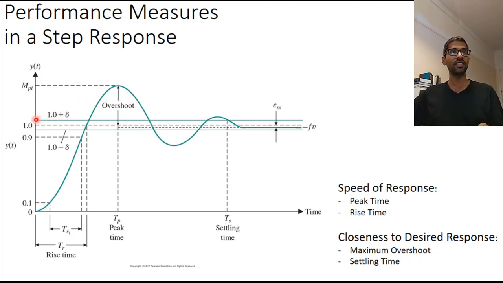So here you can see that these blue lines are lines that are drawn at 1 plus delta and 1 minus delta. So what is the time it takes for the signal to settle down between 1 plus delta and 1 minus delta, where delta could be 2%, 5%, sometimes 10% as well. So that's the settling time.